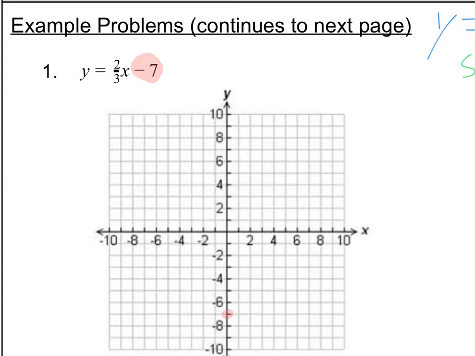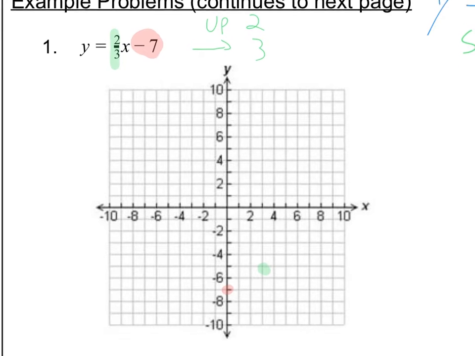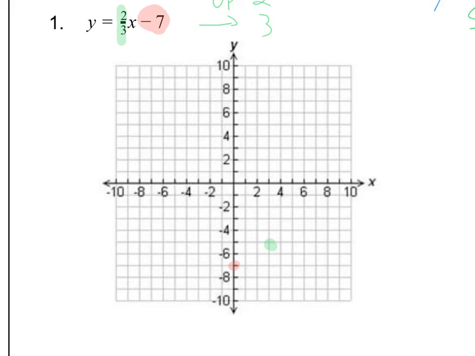And then my slope, in this case 2/3, is telling me to get my next point, I have to go up 2, and I'm going up because it was positive, and then I'll go over, left to right, 3 units. So from this point, I'm going to go up 2, over 3, so that's going to be my next point right over there. Now, if I want additional points, I just repeat that process over and over. Up 2, over 3, another one, another one.